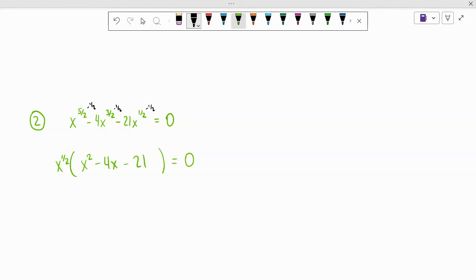All right, great. From here, we can factor the quadratic. So that's going to be x minus 7 and x plus 3 equals 0. So yeah, let's set each factor equal to 0.